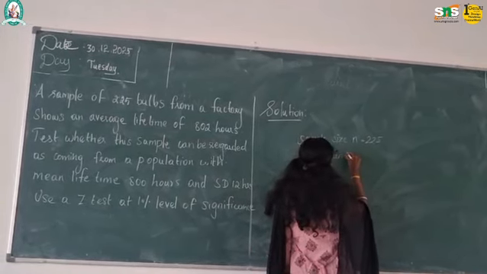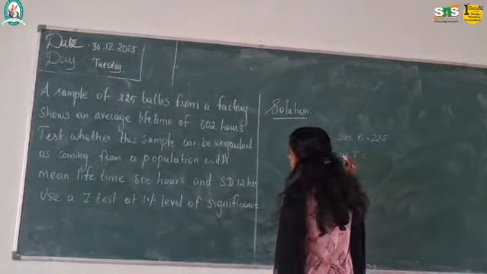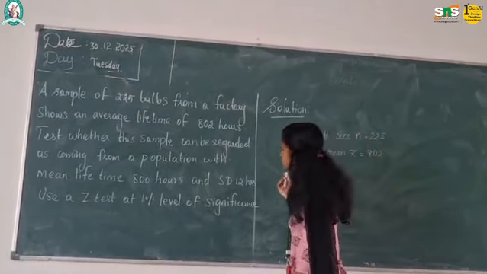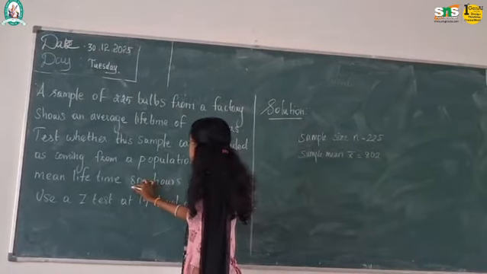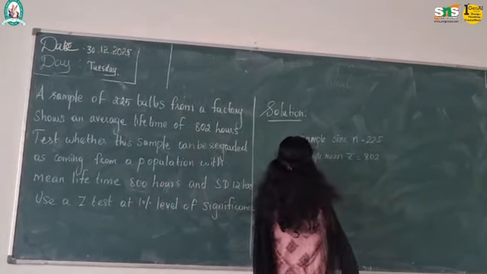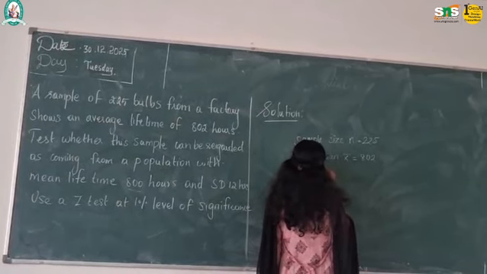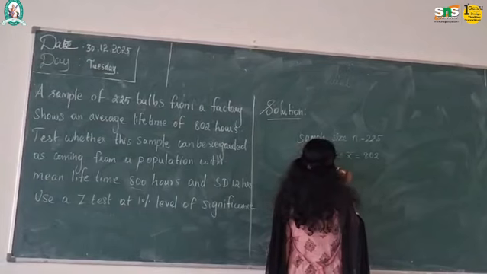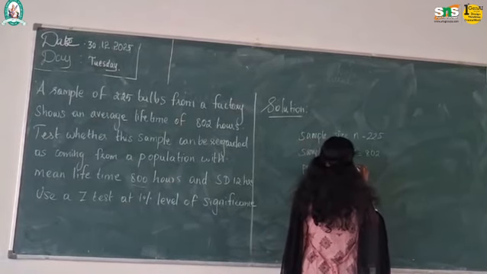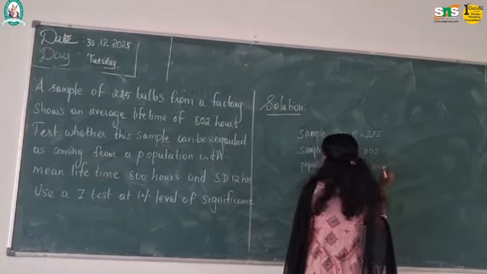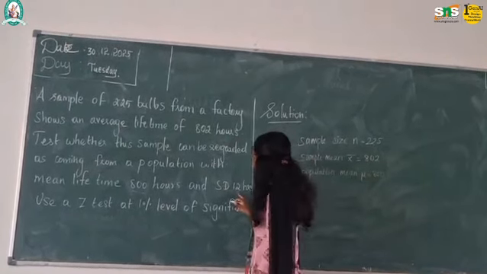Sample mean x bar is equal to 802. Next is the population mean, which is equal to 800. And next, the standard deviation is 12.